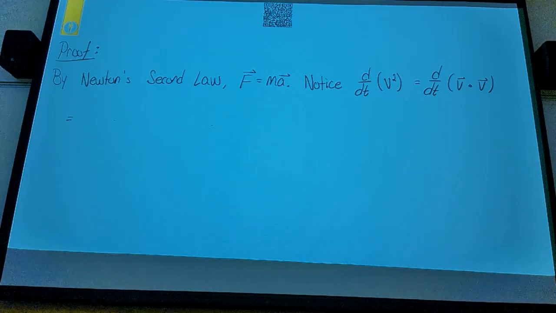Use the product rule. What is the derivative of v with respect to t though? It's acceleration, right?